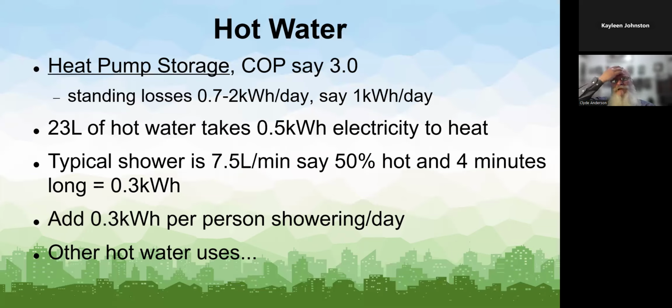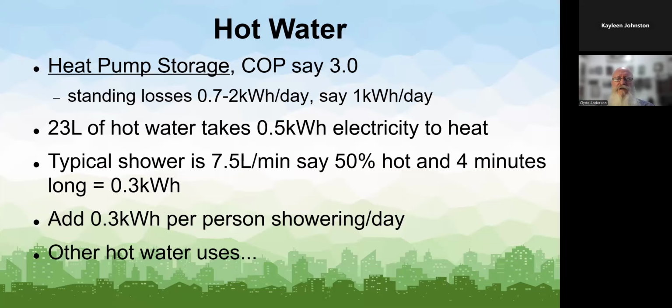So that's a reason why people use heat pump hot water systems. They're much more efficient. Obviously, they cost more, but in operation, they are definitely much more energy efficient. And then, of course, your other hot water uses will have the same amount of litres, but less energy going into those litres because of the heat pump.